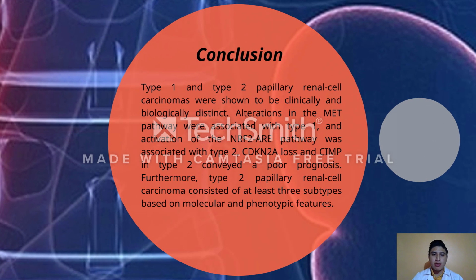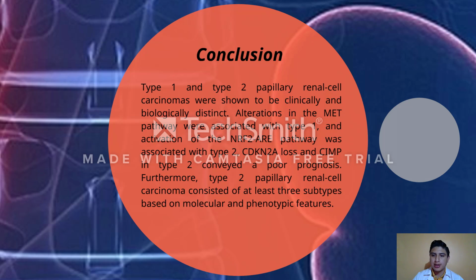Conclusion. Type 1 and type 2 papillary renal cell carcinomas were shown to be clinically and biologically distinct. Alterations in the MET pathway were associated with type 1, and activation of the NRF2-ARE pathway was associated with type 2.